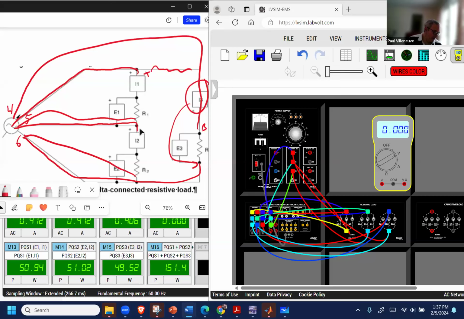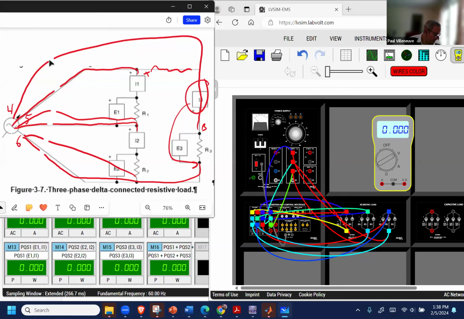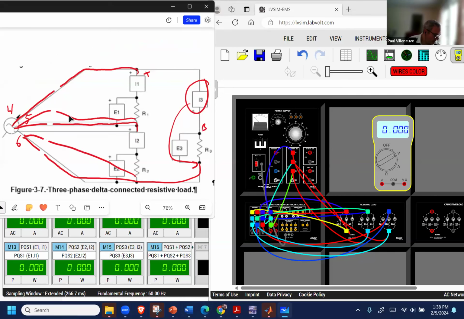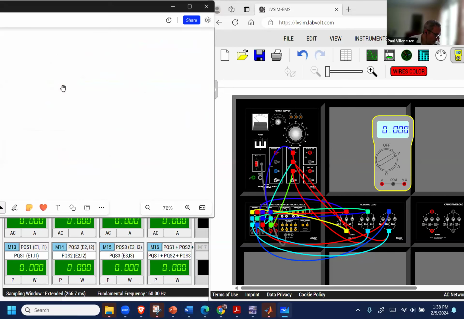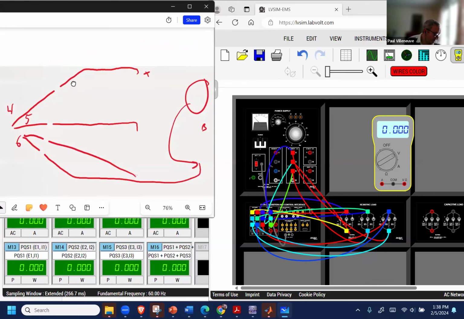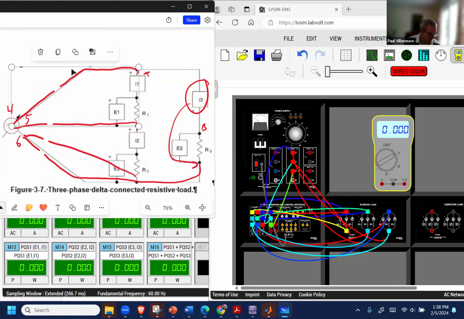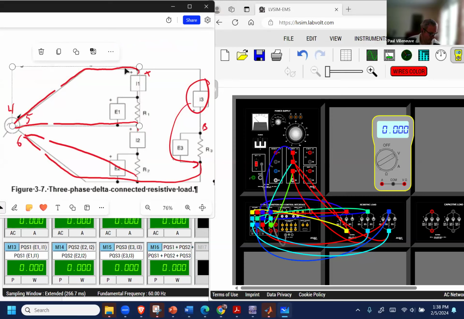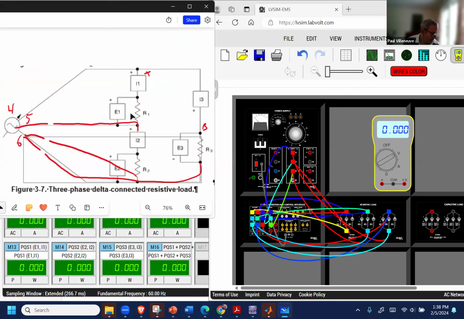So now we have to modify the circuit. So let's go ahead and turn this off. So now we have to adjust the circuit. So I'll just erase it off. I'll just do it like this quickly. And we have to modify the circuit.